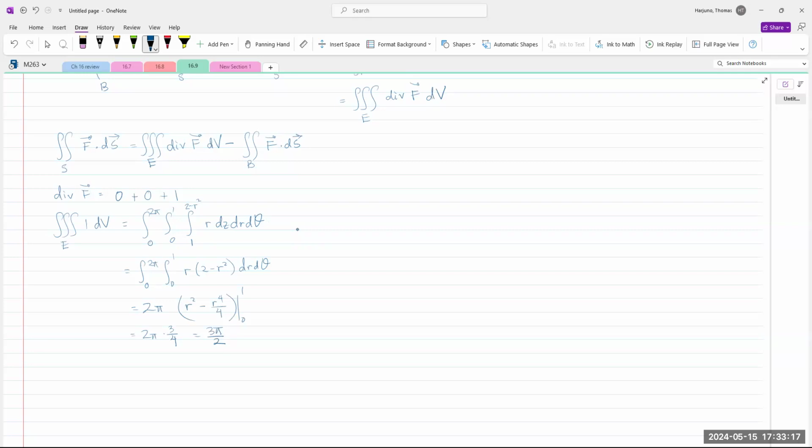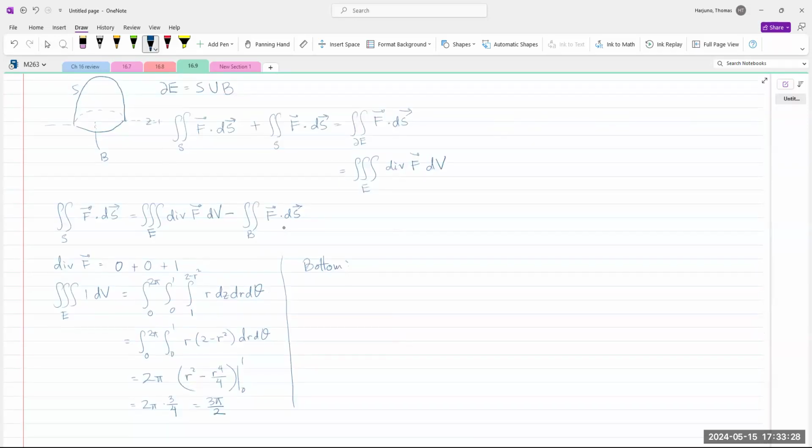Now let's deal with the bottom surface. Remember, because it's facing down, the normal vector will be 0, 0, -1. And z equals 1.